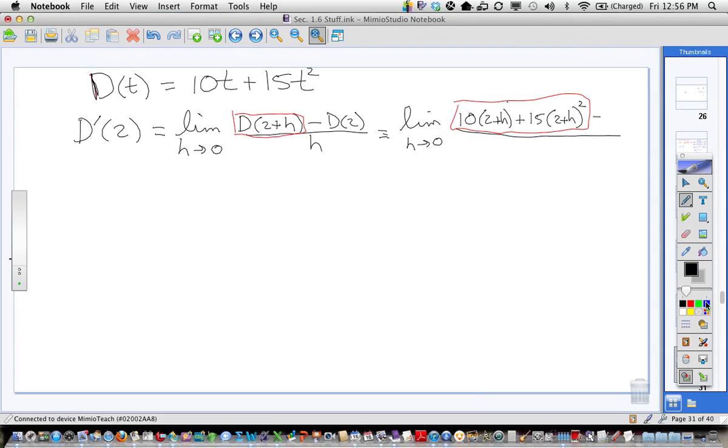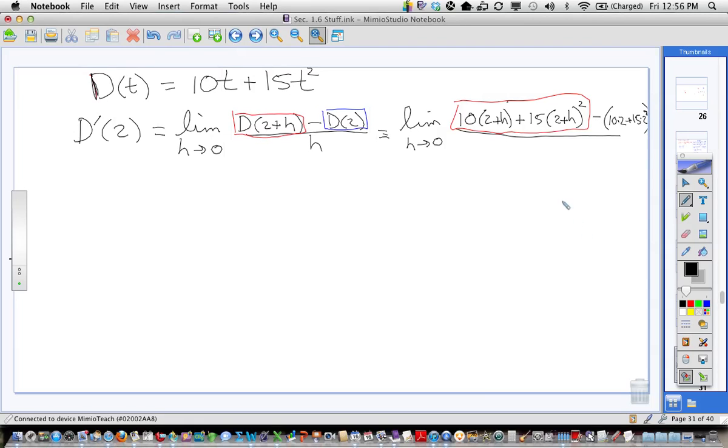d of 2. We'll make that the blue thing. D of 2 is what? Well, we could just get our calculator out or just in our head crank that out real quick, but I'm just going to write it out. 10 times 2, you don't have to write it out. I'm not going to check for that. 15 times 2 squared.